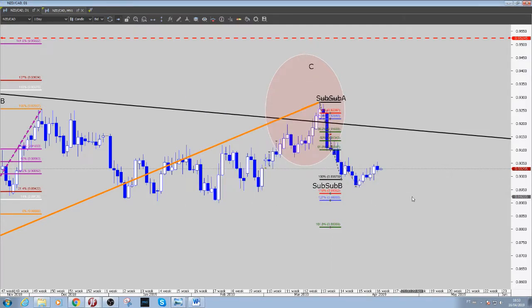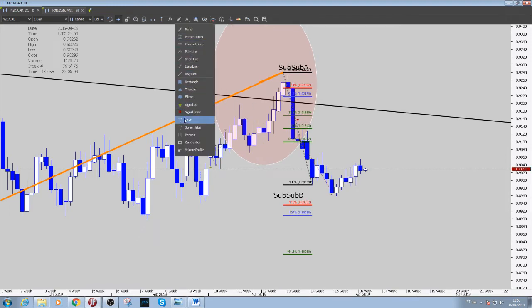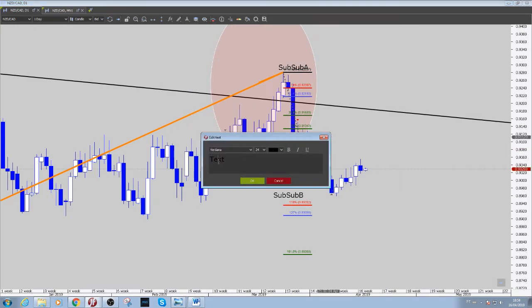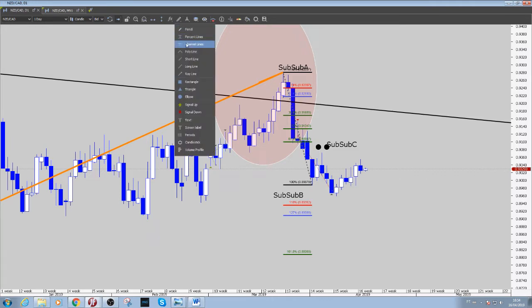Okay, this is our confirmation Fibonacci. Sub A, we have the sub B, we also have the sub C if you want. Sub C, come on, sub C. Okay, so this is the highest point inside the sub A and sub B boundary after the sub B.